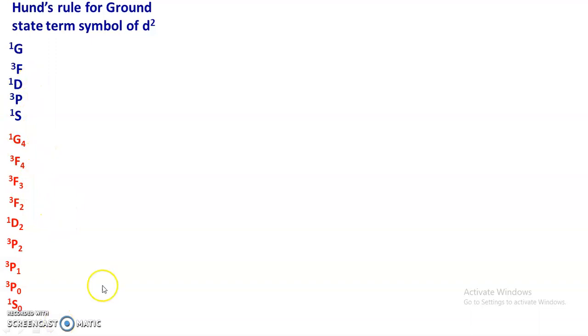So these are the possible term symbols. Out of these various term symbols, one is the ground state term symbol, meaning it has the least energy, and the other term symbols are the excited states. Altogether there are 45 microstates. So all these we are going to identify in this video.